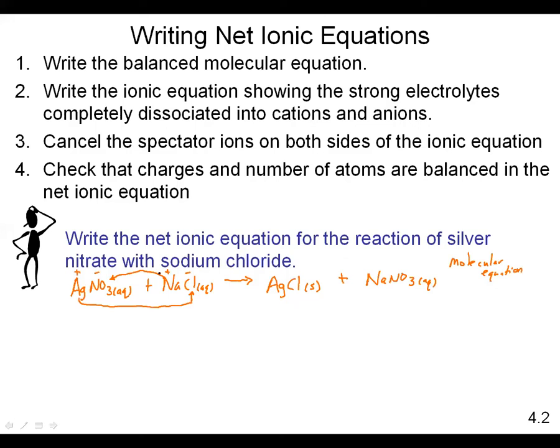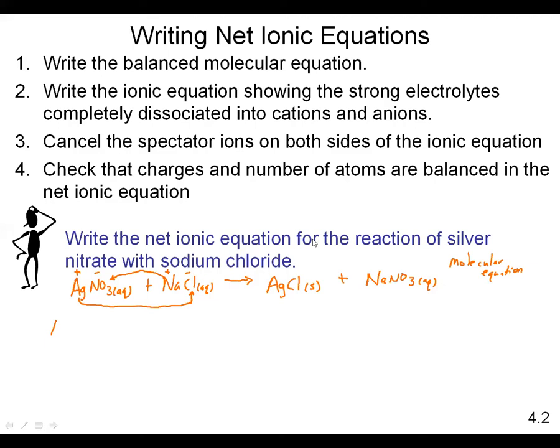We do want to make sure it's balanced. So if we look at it, we have one silver on each side. We have one nitrate on each side, one sodium, and one chloride. So it is balanced. We then can write our total ionic equation by breaking it apart. The silver nitrate will break apart into silver ion and the nitrate ion.